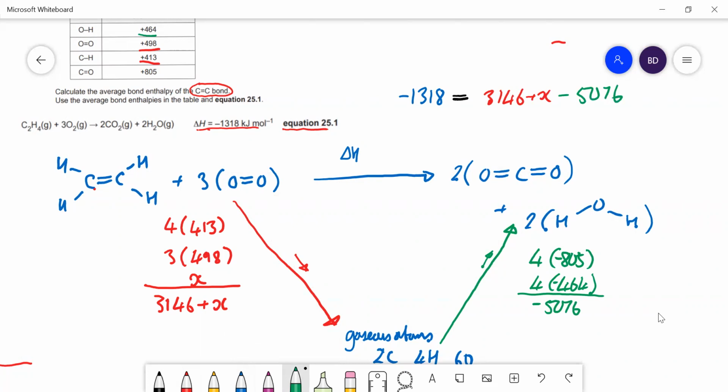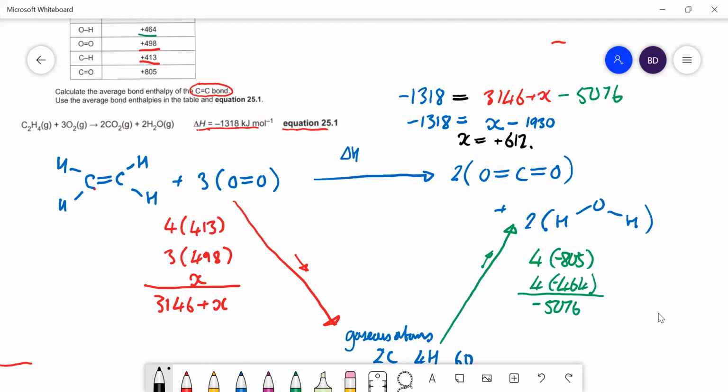We get minus 1318 is equal to, you just rationalize that, X minus 1930. Rearrange that, we get X is equal to plus 612.